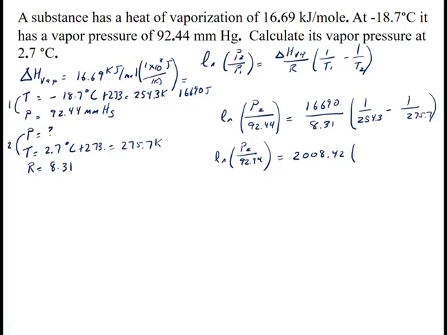I type in 254.3 and then this x to the minus 1, or some calculators have it as 1 over x, minus 275.7, and again, this x to the minus 1. So I can do this whole parentheses in one very simple calculation, and I get 0.0003052.